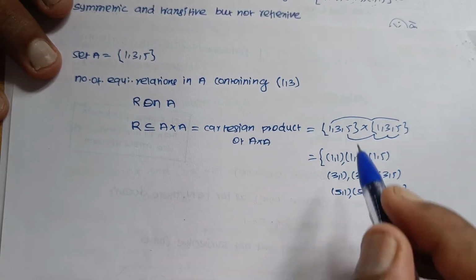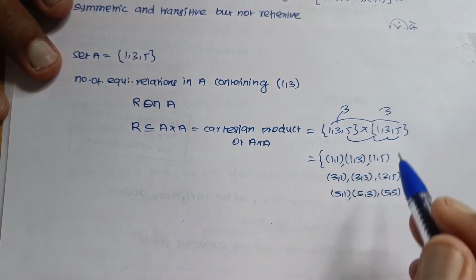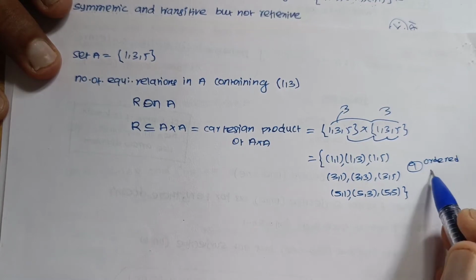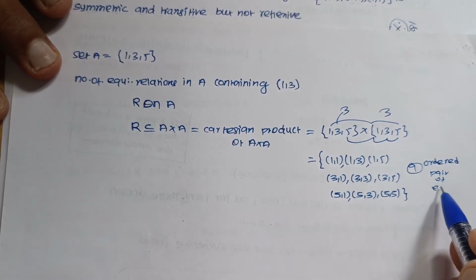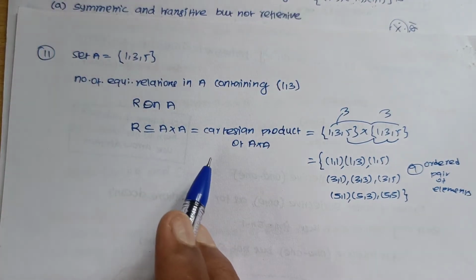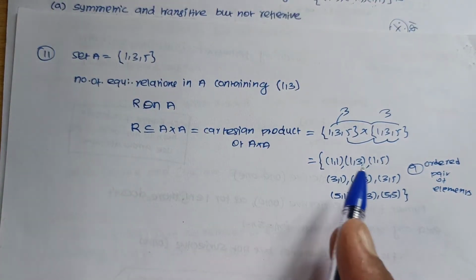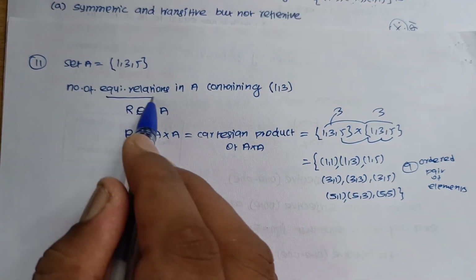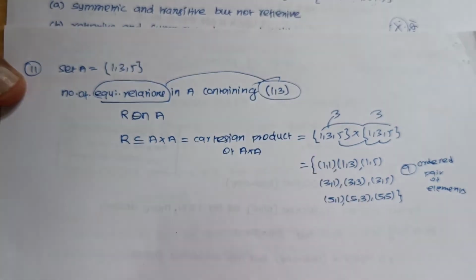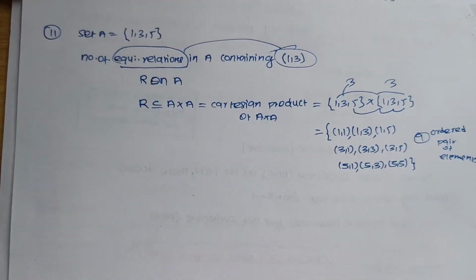Since set A has 3 elements, 3 into 3 gives 9 ordered pairs. So A cross A has totally 9 ordered pairs. Using this we need to form the equivalence relations containing (1, 3).